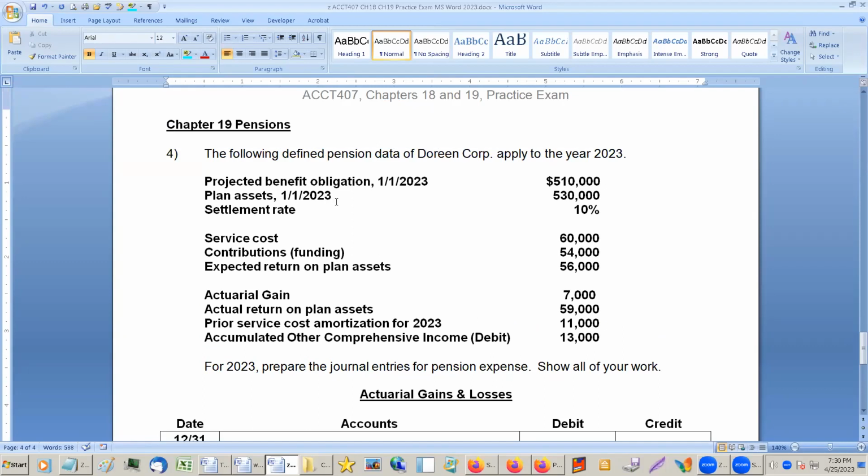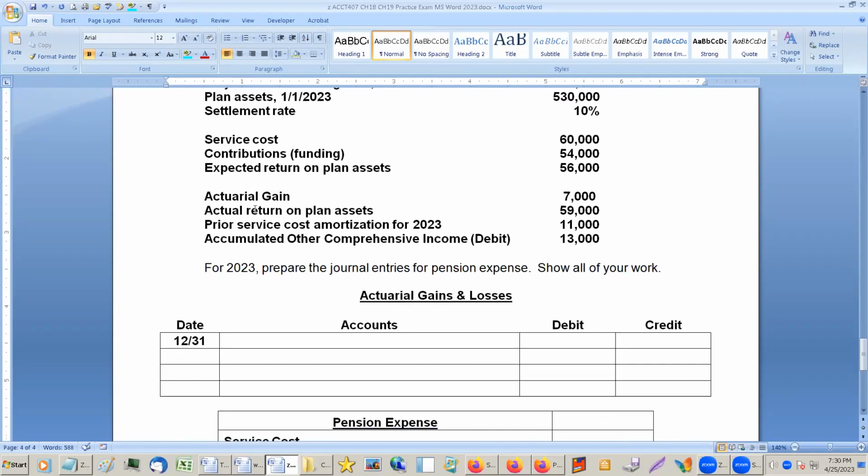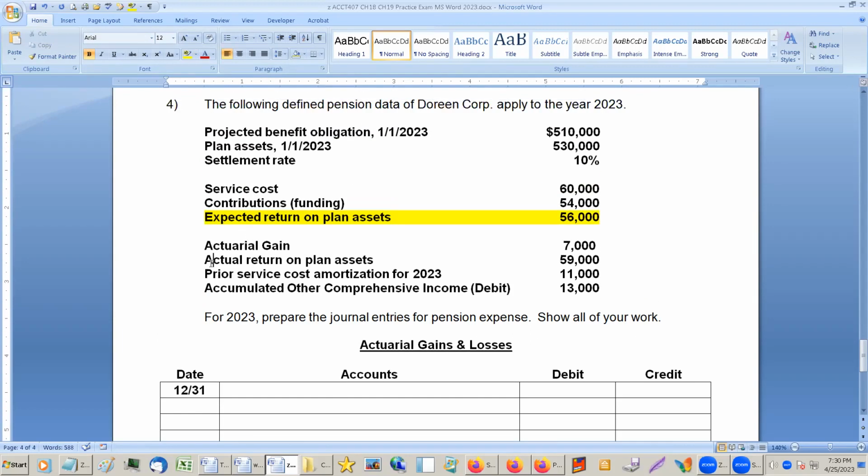All right. So first thing we gotta do is this actuarial gains and losses. We expect a return on assets of 56,000. Actual return on assets is 59,000. So let's see, that is a gain.